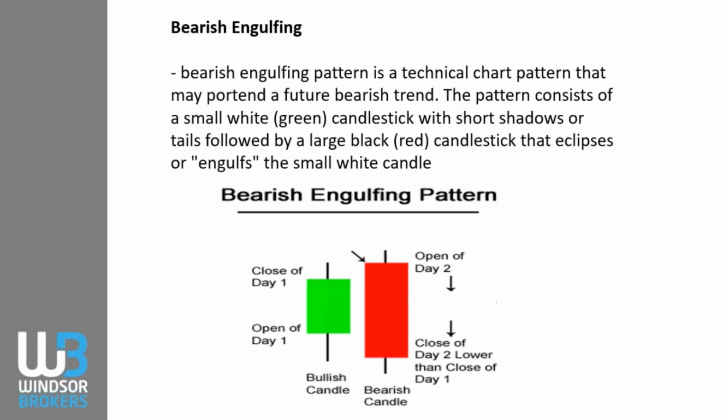Exactly opposite is the bearish engulfing. You can find it on a daily chart as a bearish outside day, or on a weekly chart, which is the same thing. So we have in this case an uptrend which ends in a green candle. The next day the body of the candle is much bigger than the previous one, but it's in red, so it opens higher and closes lower, completely engulfing the previous day's candle.